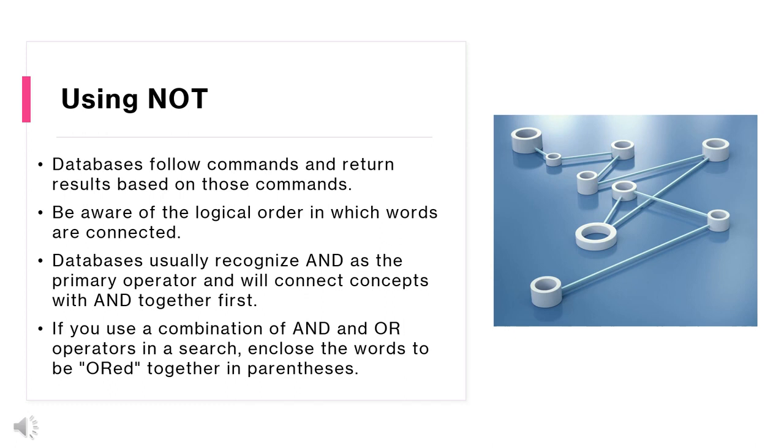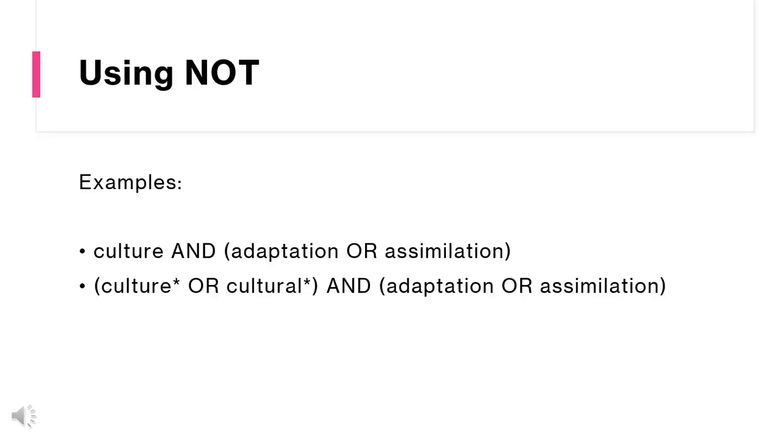When using NOT, databases follow commands and return results based on those commands. We should be aware of the logical order in which words are connected, because databases usually recognize the word AND as the primary operator and will connect concepts with AND together first. If we use a combination of AND and OR operators in a search, enclose the words to be ORed together in parentheses.